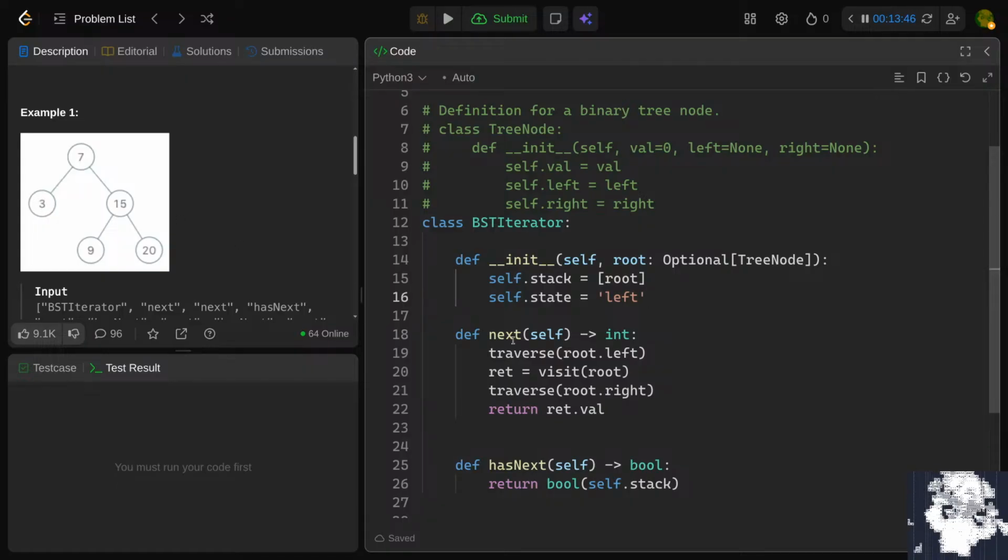So I can either have it so that when I call next, I'm on the node that I want to return, and then I have to go to the next one, or I'm on the previous node and I have to get to the node I want to return. Let's say that I'm on the node I want to return, always.